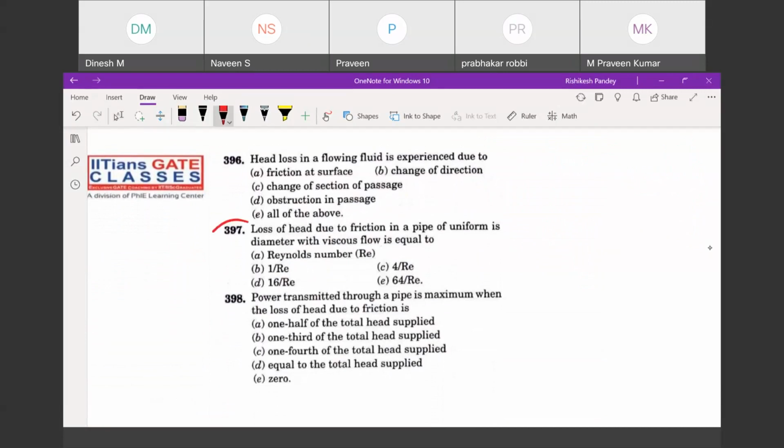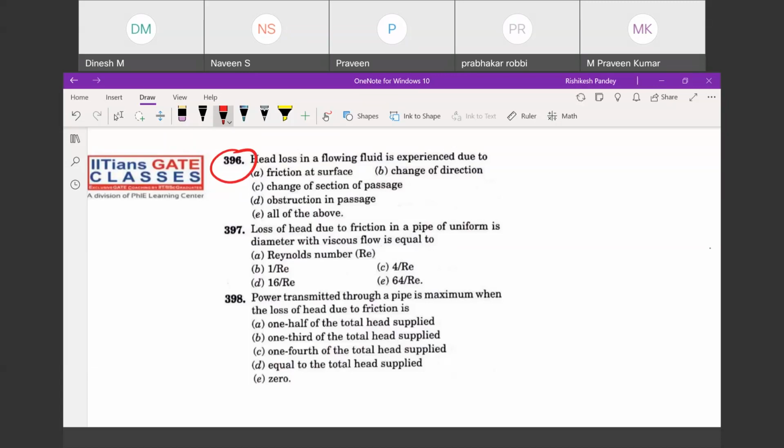You can tell me 397. Okay, head loss. Head loss in a fluid flow is experienced due to what? What are all the reasons for head loss?